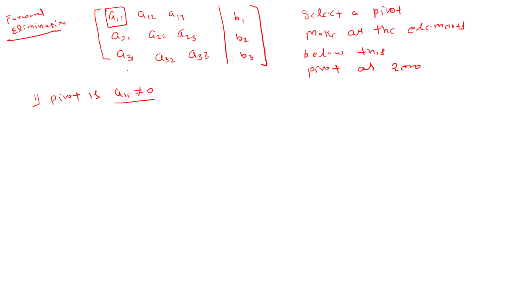If A11 is equal to 0, then we will swap the rows. This is called partial pivoting.